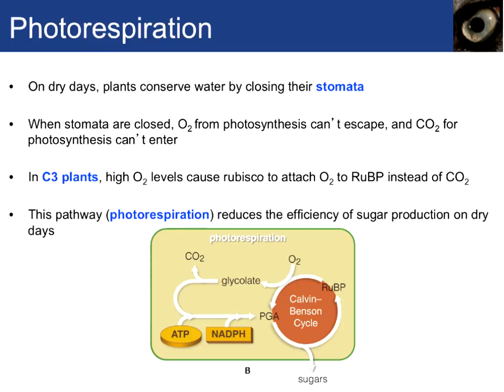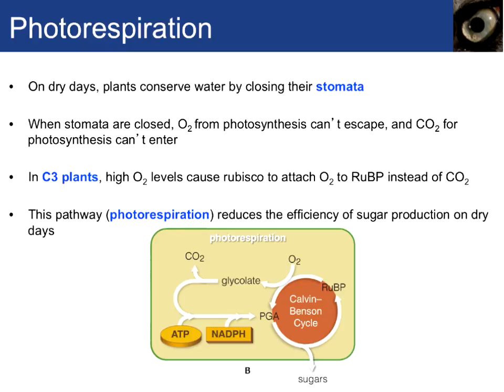gases to exchange. So the oxygen byproduct you produce can't leave the leaf, and the CO2 you need for the synthesis part, the light-independent reaction, can't enter the leaf.